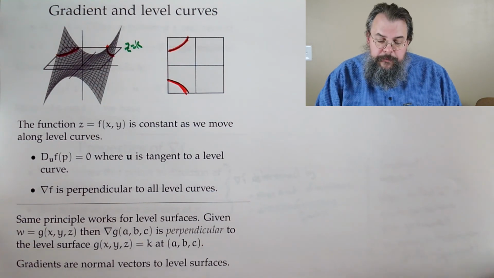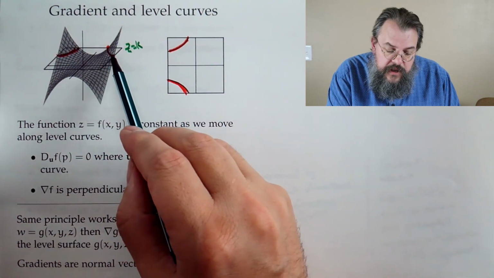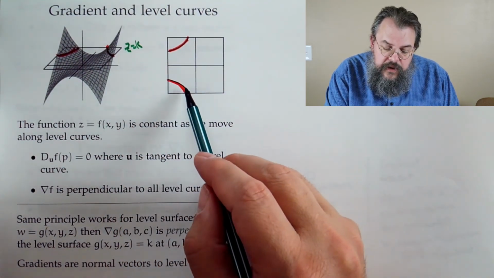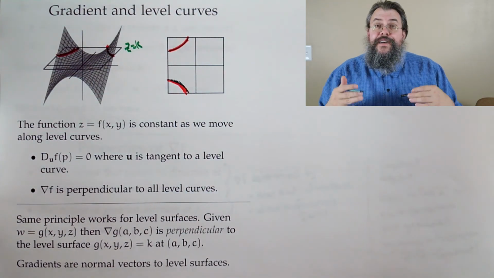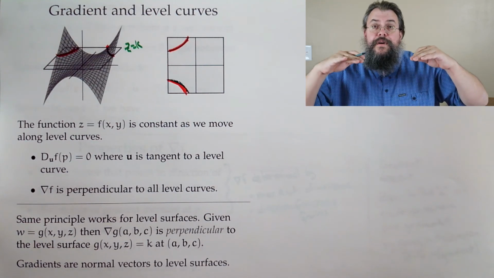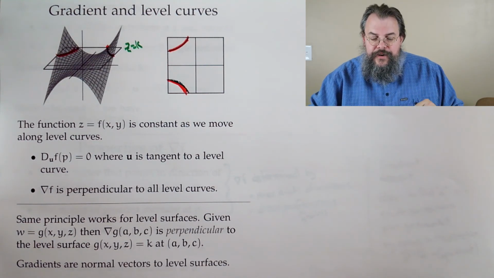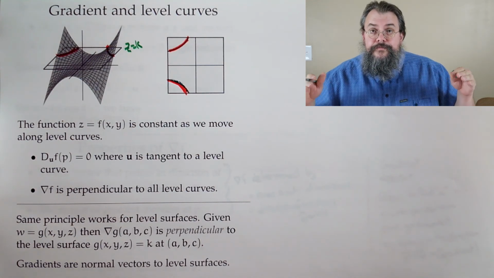So if I'm walking along, and suppose I were to stroll along this level curve, so here I am walking along the level curve, what's happening to my elevation? The answer is I'm not going up, I'm not going down, I'm staying level.